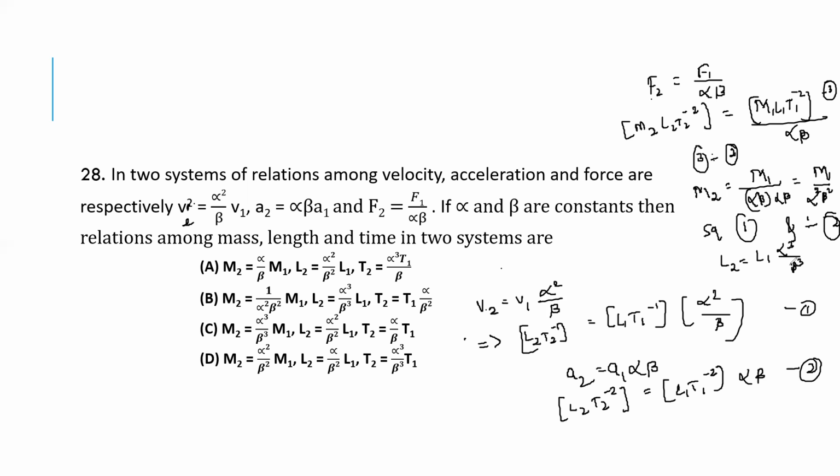Finally, if we divide equation 1 by equation 2, we will get T2 is equal to T1 into alpha divided by beta square. So in the question we can see what we got, M2 is equal to M1 by alpha square beta square.